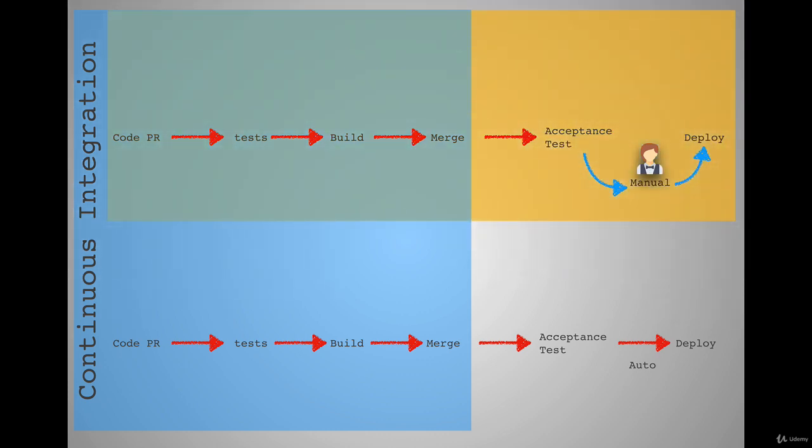The next one is this yellow square that overlaps continuous integration called continuous delivery. And continuous delivery is the practice of keeping your code base deployable at any point. Beyond making sure that your application in this blue part is integrated into the main branch, we have a few extra steps.